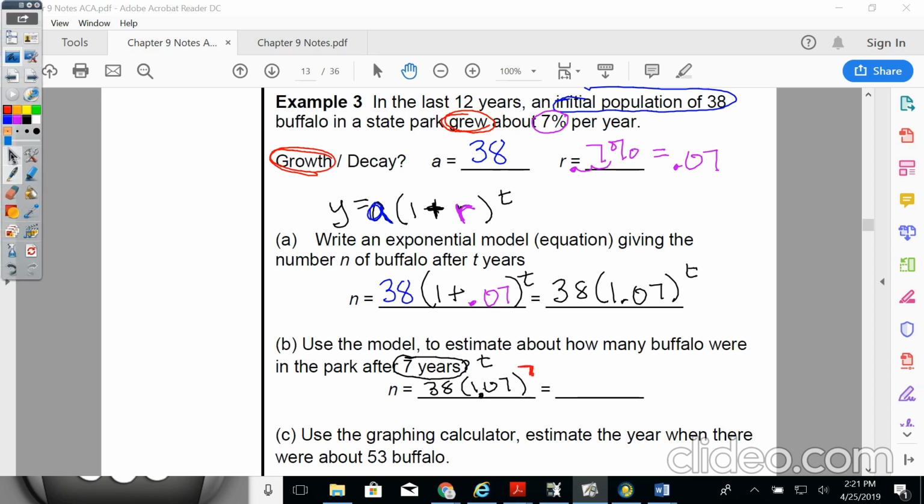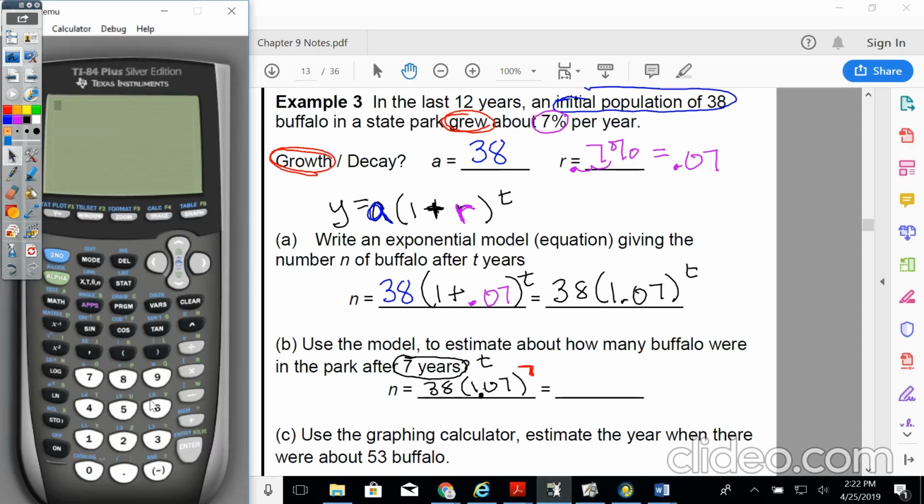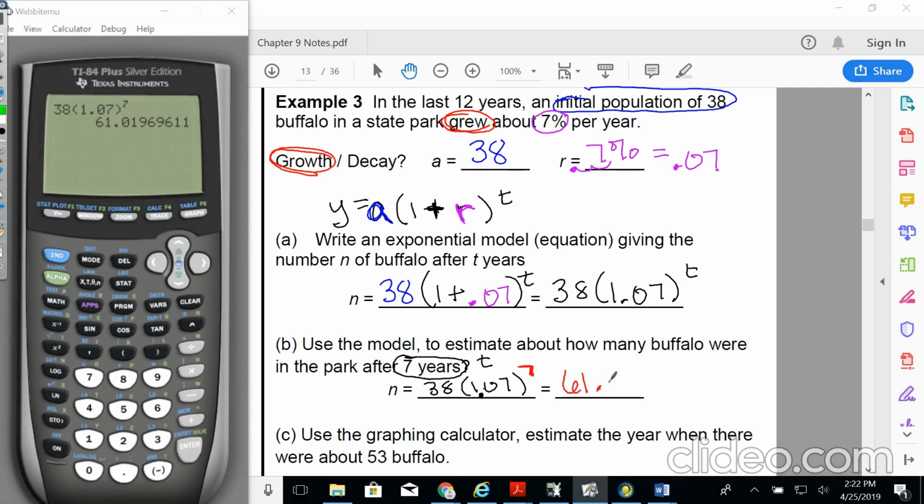And then this one we just type in the calculator to get the y value. So 38 times 1.07 to the, we use the caret sign, and then 7 gives us 61.02. But we're talking about buffalo here, so we just round to the nearest whole number, and we say 61 buffalo.